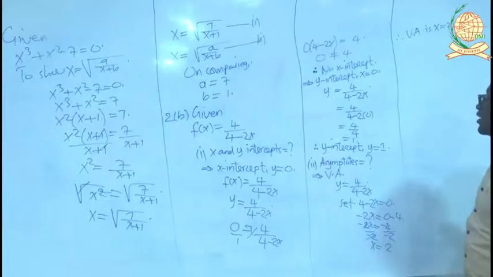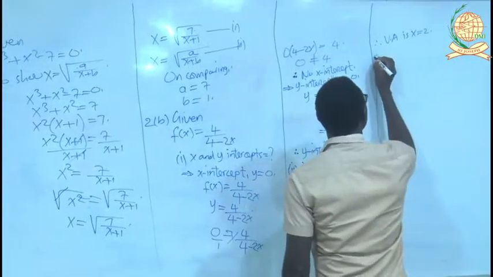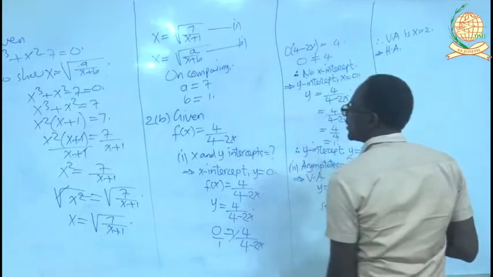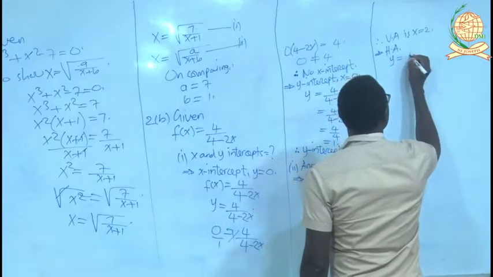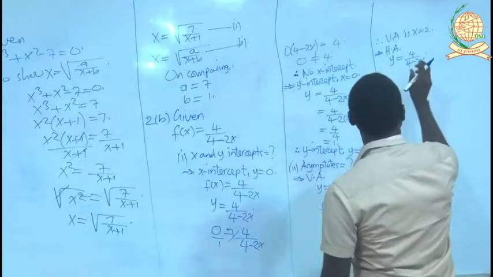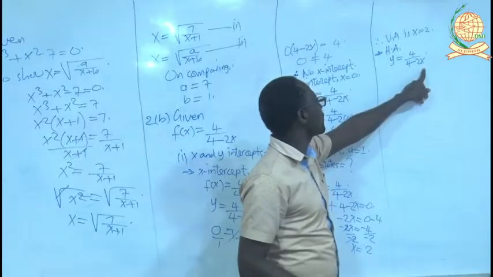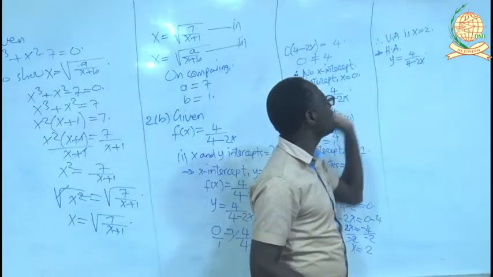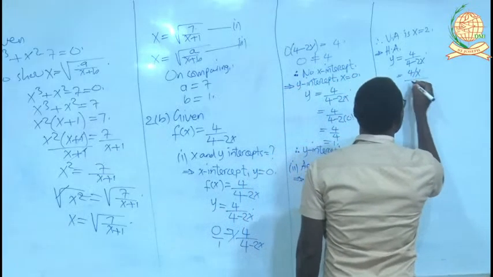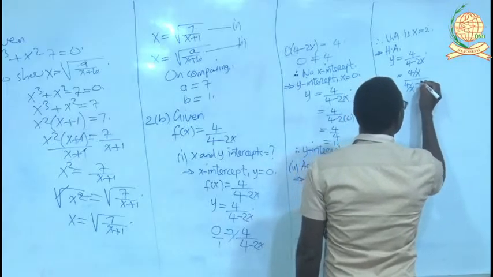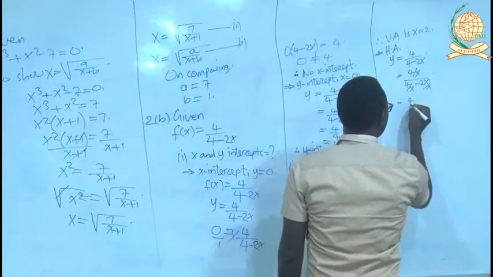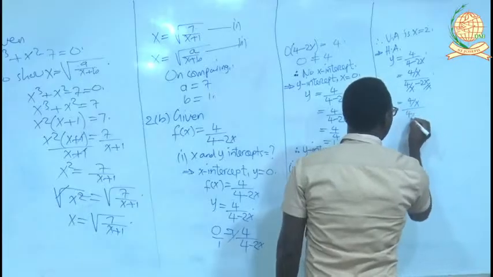Another asymptote is the horizontal asymptote. For this function, we need also to find the horizontal asymptote. From the function y equals 4 over 4 minus 2x, in order to get the horizontal asymptote, divide both the numerator and the denominator by x in each term. So this is 4 over x over 4 over x minus 2x over x. Then simplify: 4 over x over 4 over x minus 2.